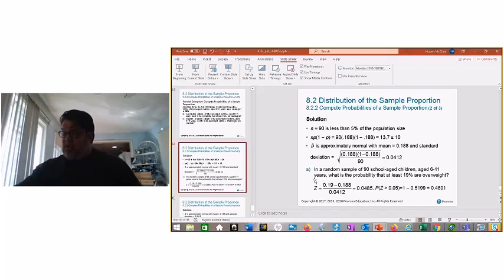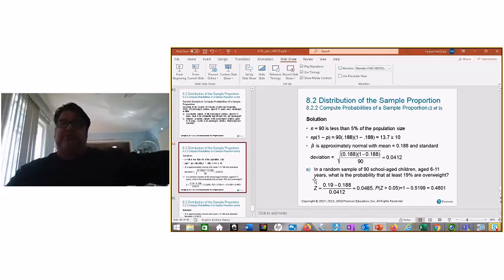So here they give us p hat is equal to 18.8%. So p hat is equal to 0.188.